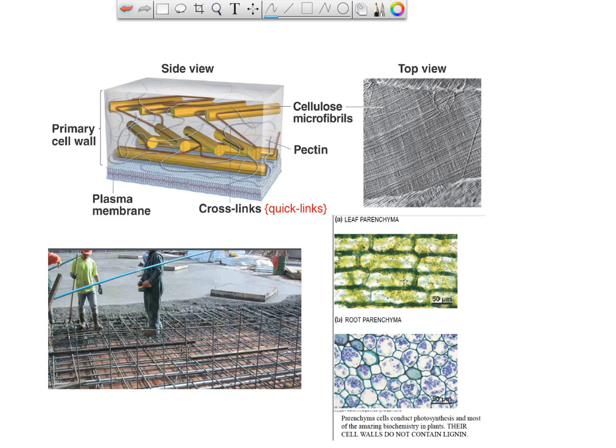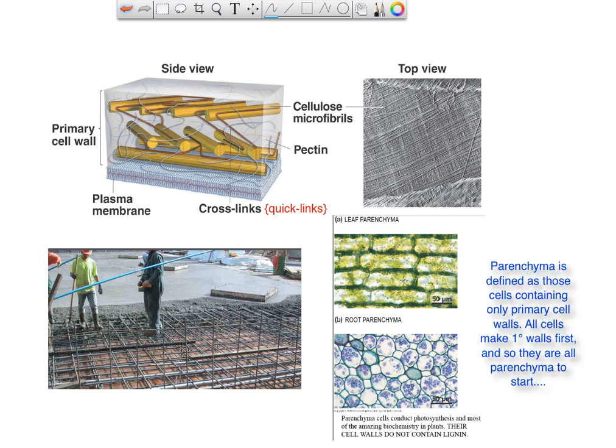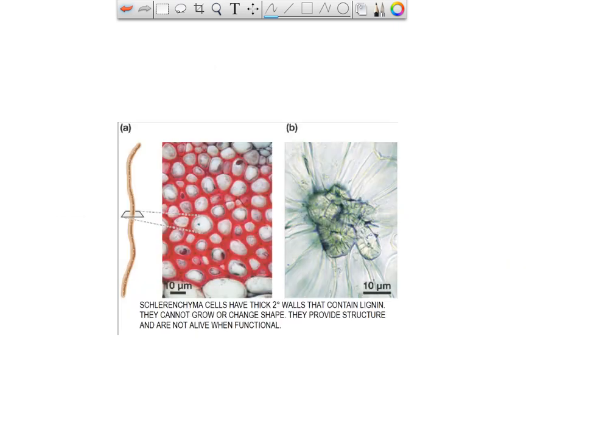Most of the cells in a plant are parenchyma, and parenchyma simply means cells with only primary cell walls. Plant cells with secondary cell walls are referred to as sclerenchyma.